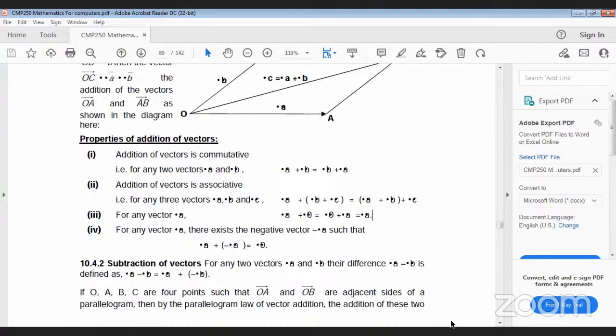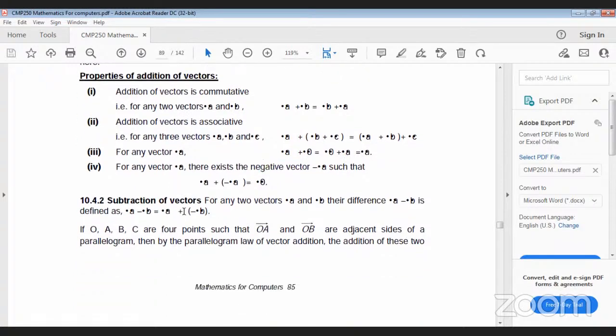So this becomes my identity. And the negative vector is also called the inverse vector.